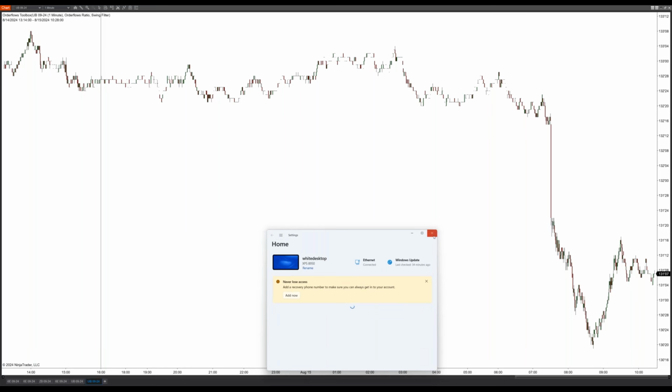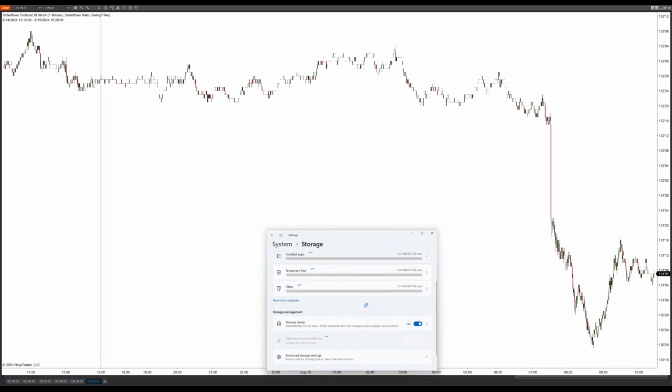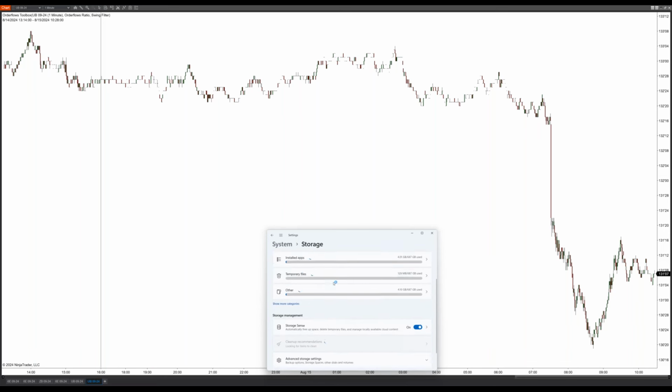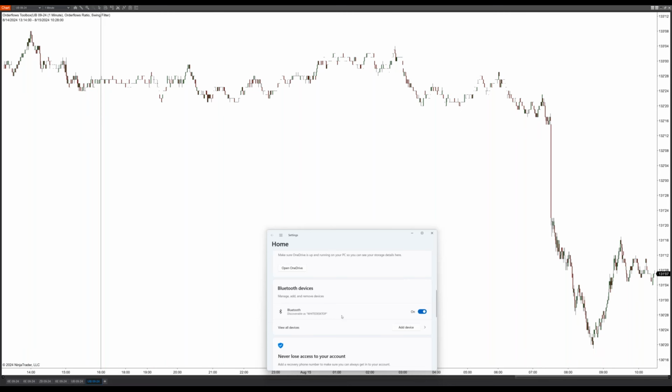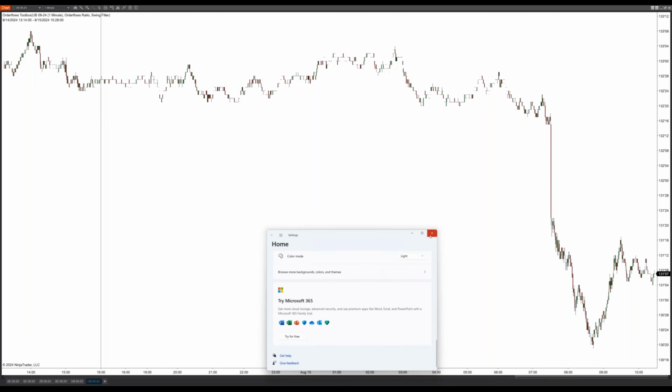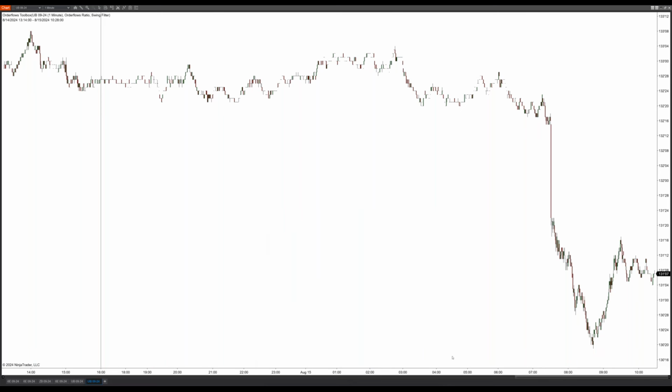Well, it's a Dell XPS, you see there, but this one's an older one. I hate this Windows, but this is i7, 32 gig RAM. All I use this one for is just trading and these presentations and recordings. I don't do anything else with it.